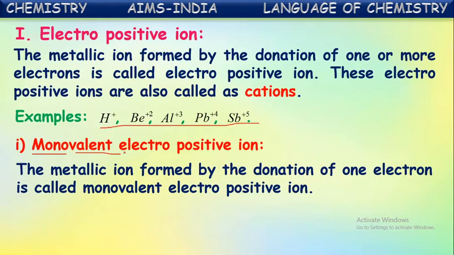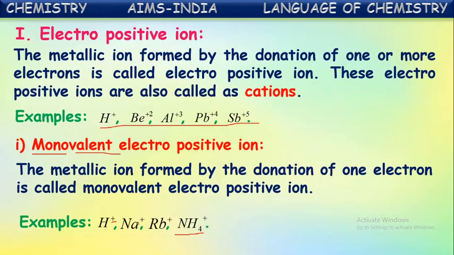For example, H+, Na+, Rb+ (rubidium), and the ammonium ion, which is also simply called a radical. These are all formed by the loss of one electron each. So the positive ions formed by the loss or donation of one electron are called monovalent electropositive ions.